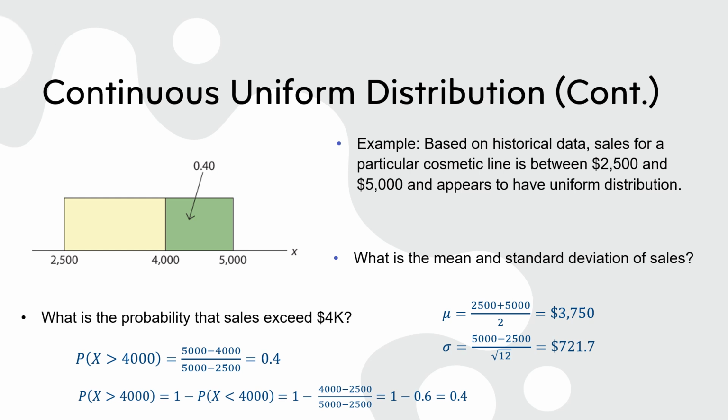The area of the green rectangle is equal to 1 over 5,000 minus 2,500, the height, multiplied by 5,000 minus 4,000, the width. Alternatively, we can find the complement of the CDF of 4,000. In both cases, the probability that sales exceed $4,000 is 0.4.